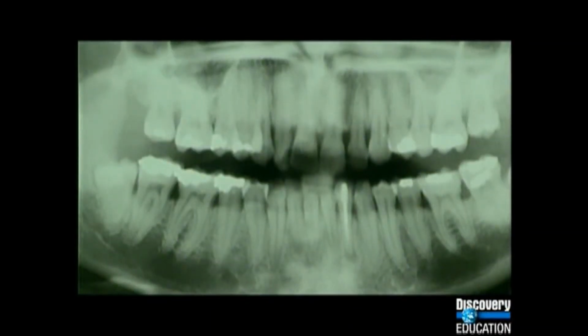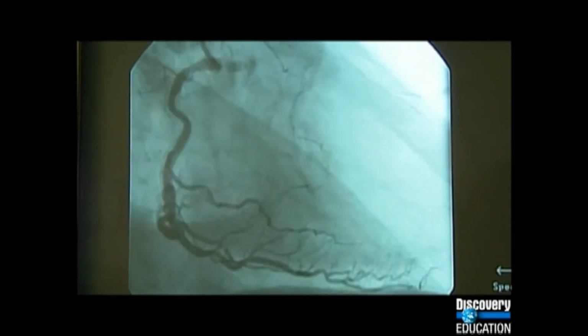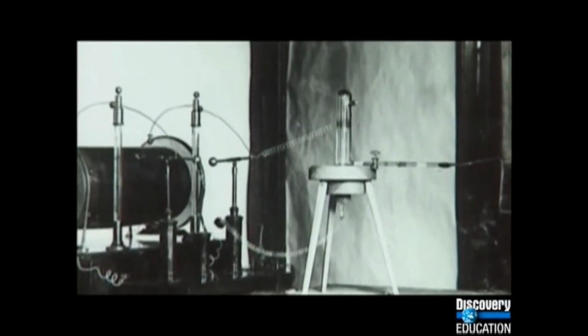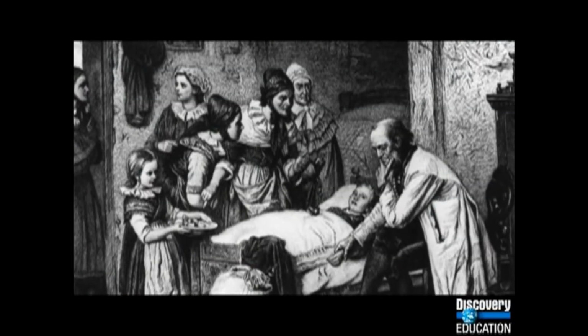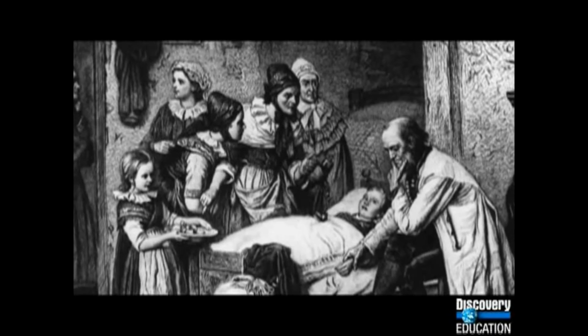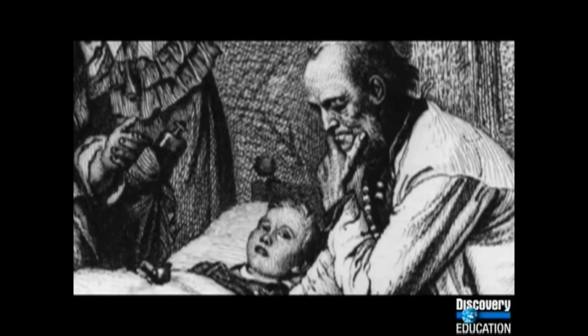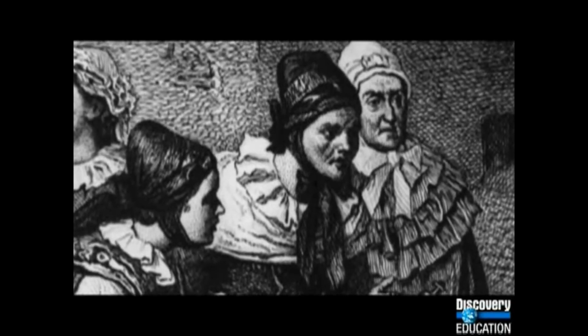A few microseconds exposure to X-rays can generate still images of bones and teeth, as well as split-second still pictures of the heart in action. X-ray imaging has come a long way since it was invented in 1895. Before the invention of the X-ray machine, doctors had to make a diagnosis based on what they could see from outside the body. Since what they could see was so limited, doctors sometimes chose to do exploratory surgery just to make a diagnosis.